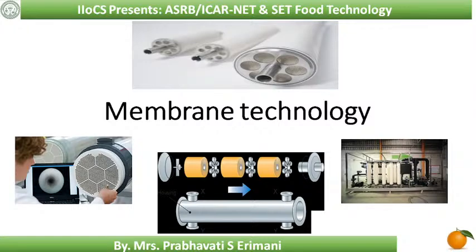So membrane technology is one of the technologies used in the food industry. Here you can see the plant and how it looks, and these are the instruments where it is used. These are the membrane modules where the separation will occur.